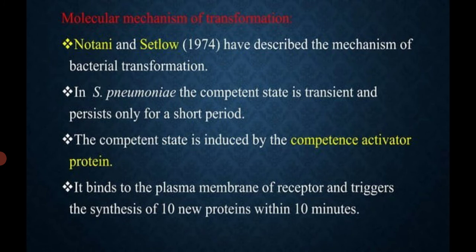The changes induced by competence include an increase in the porosity of the cell wall, an increase in autolytic enzyme activity, and an increase in the average length of the cell chain. Most changes occur along the equatorial region of the cell where new growth is formed.